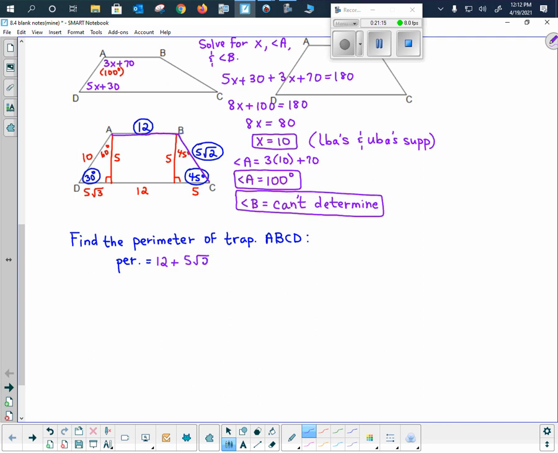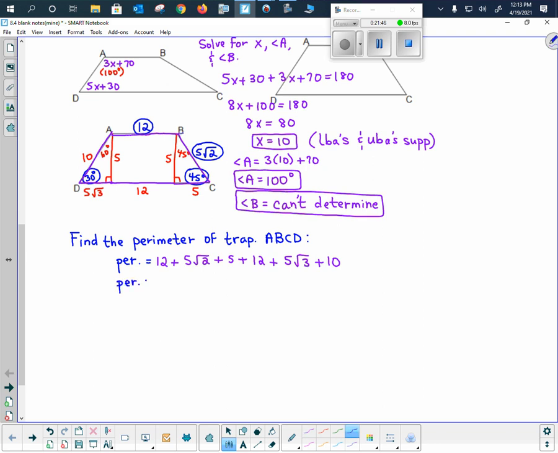Plus 5 root 2 plus, well, this is 5. So if you really want to do them separately, you can. Plus 12 plus 5 root 3 that we found in red plus 10 will get me back to where I started. Okay, so there's what I'm doing visually for myself. Okay, all the way around.